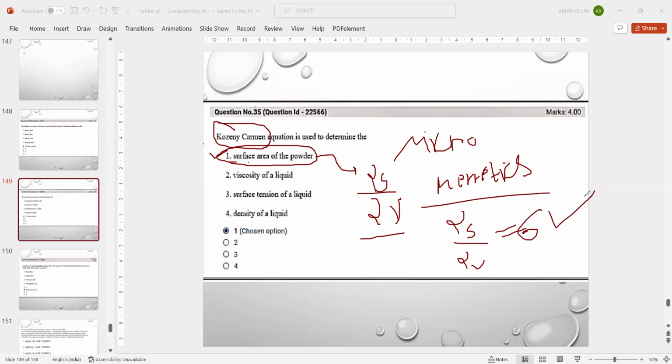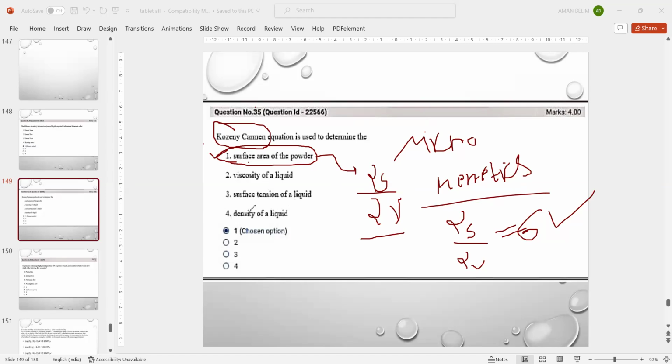Yes, it's 6, right? Remember this kind of very basic things. This is all given in the Alfred Martin book. We will study these chapters from the Alfred Martin book, but I am touching some basic important concepts, such as the surface area measurement methods, air permeability method and gas adsorption method.